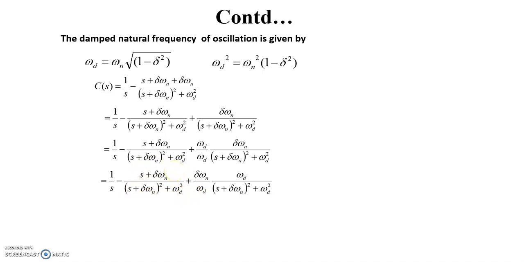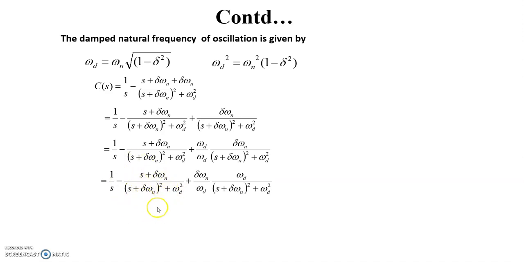So this is nothing but cos of omega d t, and then this is the sine of omega d t. So zeta omega n, take it outside, divided by omega d. Omega d by (s plus zeta omega n) square plus omega d square. There is a standard form for this: e power minus at into cos omega t, that is (s plus a) divided by (s plus a) whole square plus omega square.